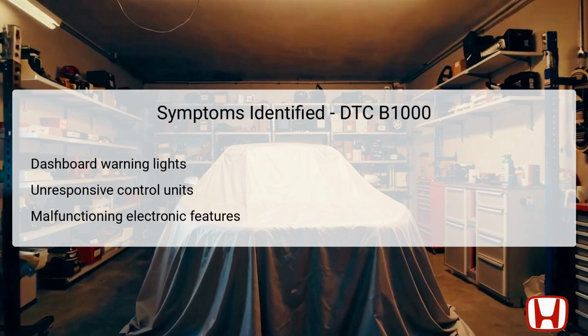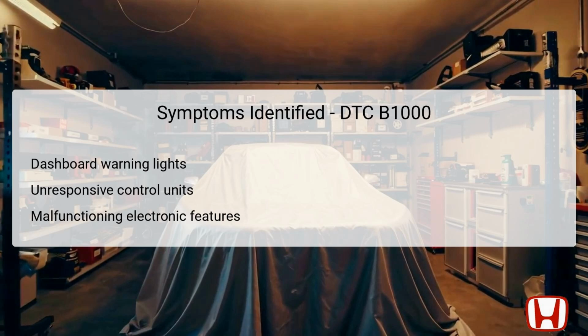Symptoms of DTC B1000 can include various warning lights appearing on the dashboard, indicating that there is an issue with the vehicle's electronic systems. Additionally, some control units may become unresponsive, which could lead to failure of features such as the vehicle's gauge readings or hands-free communication functionalities.